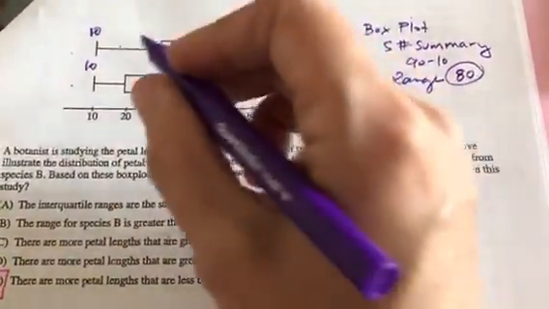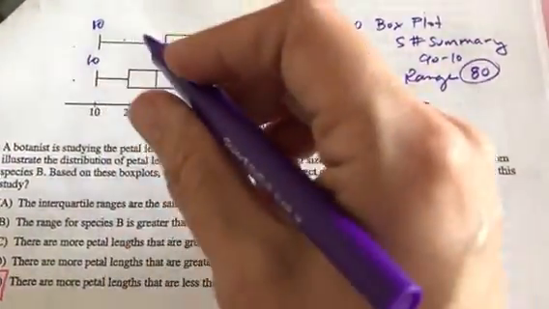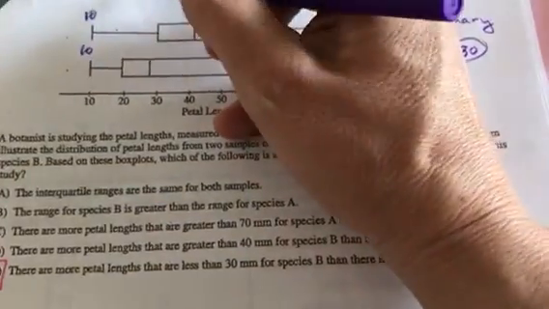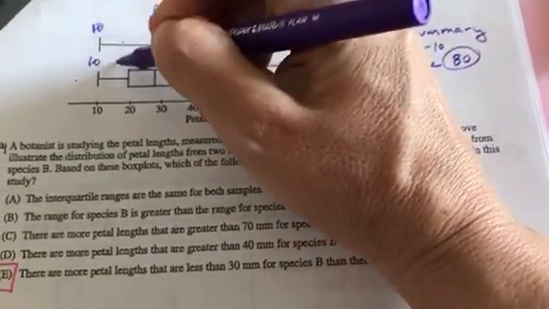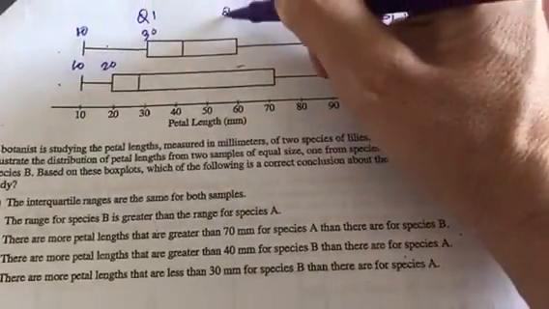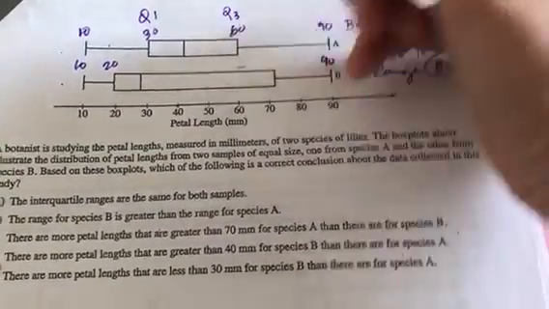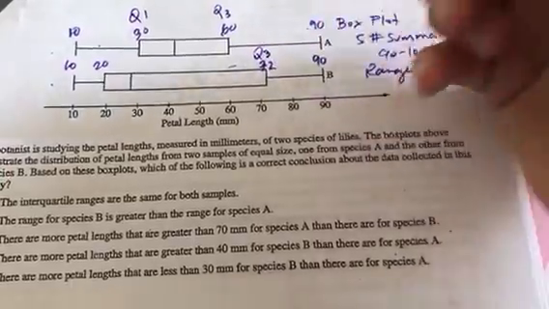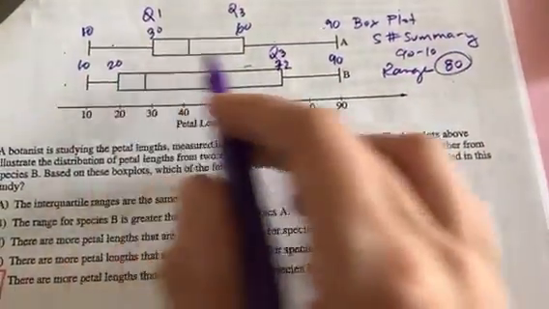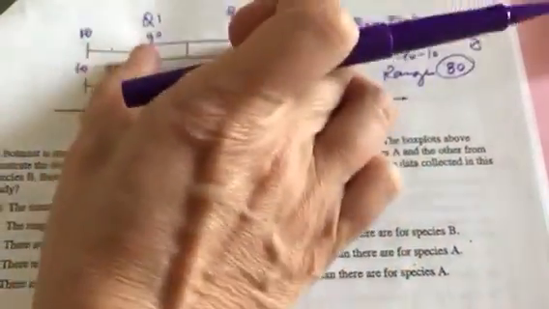So now let's look at the first quartile. Quartile 1 would be around 30 and around 20. Quartile 3 would be around 60 and around 72. So our interquartile range is very different.